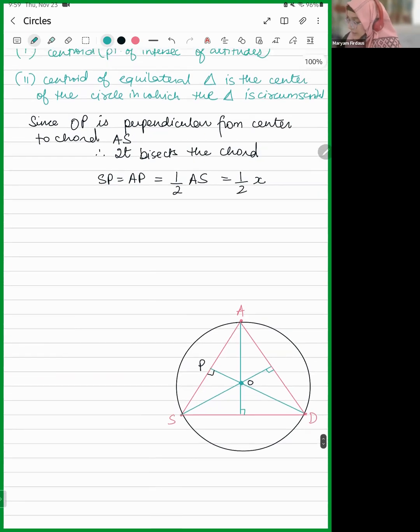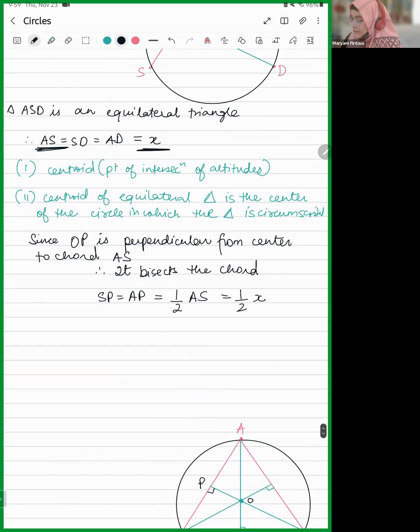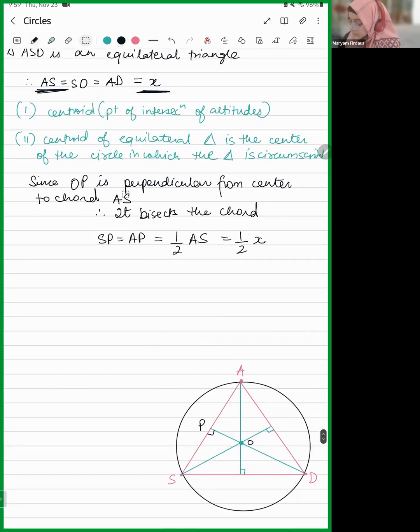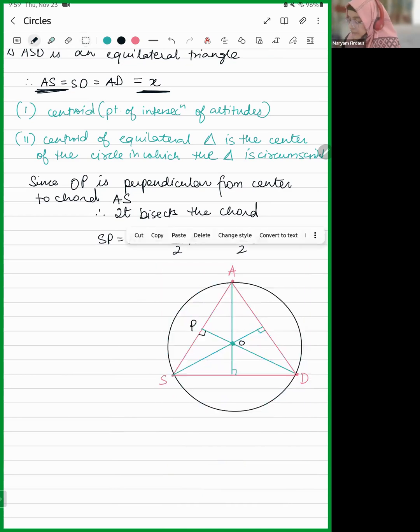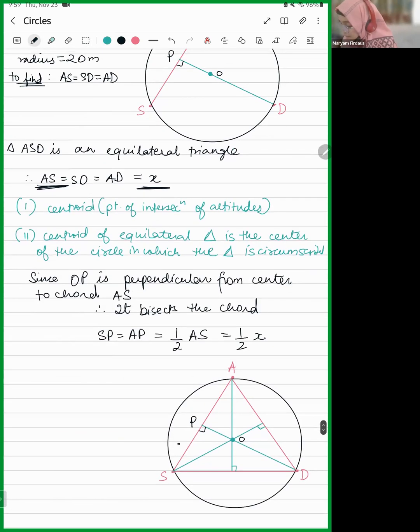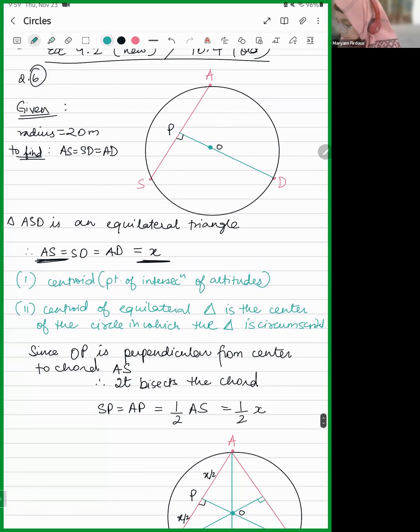So now what we have here is that this is x by 2 and this is x by 2. Now one more thing we have is AO, which I'm going to draw in the other diagram.